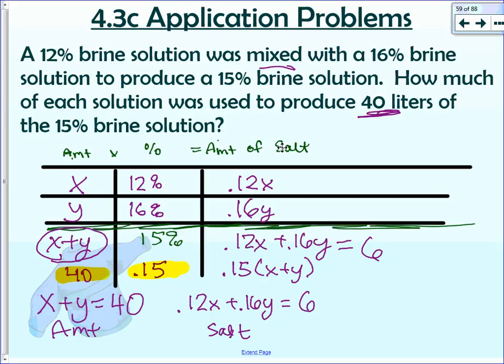I think that's yet a third equation you could use. So that's true as well. But I would definitely use this one and this one to solve because it's so easy.